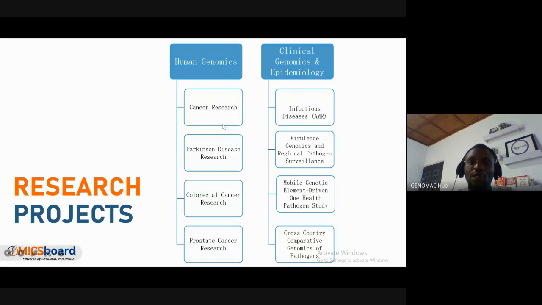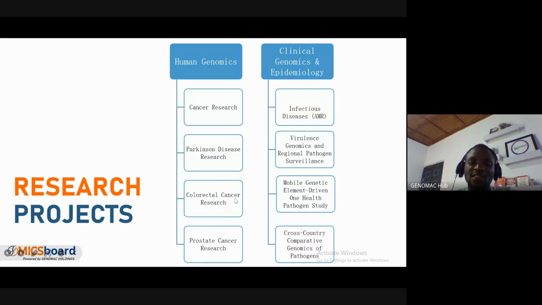So we have the human and other related research perspective. We have the clinical genomics and epidemiology research areas. Okay, so the first one, we have human cancer research. So we're going to be working on real-time human data. As well, Parkinson's disease, we are going to be working on real-time human data.